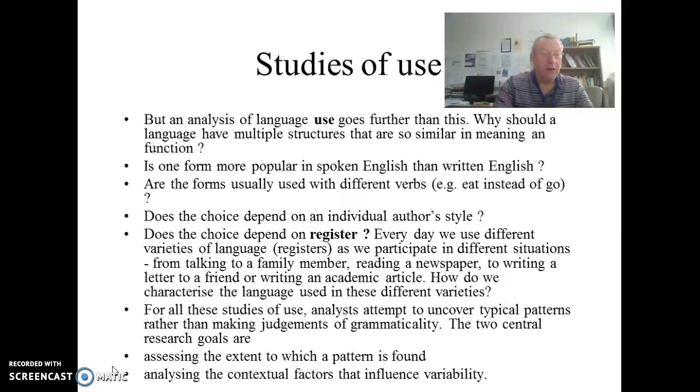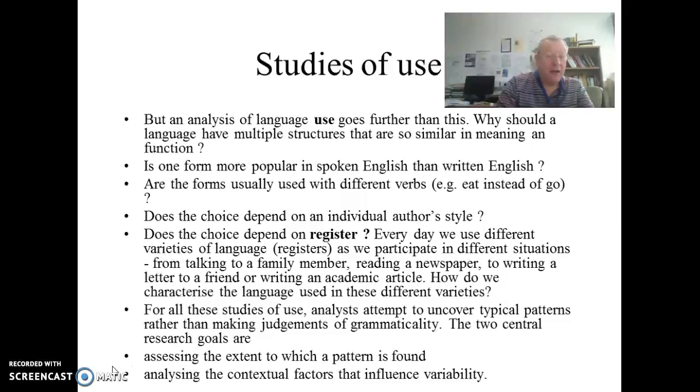For all these studies of use, analysts attempt to uncover typical patterns rather than making judgments of grammaticality. The two central research goals are, firstly, assessing the extent to which a pattern is found. Is it rare or common?